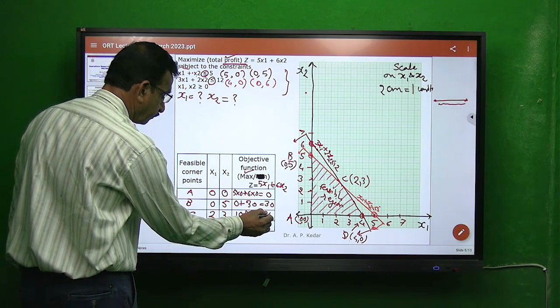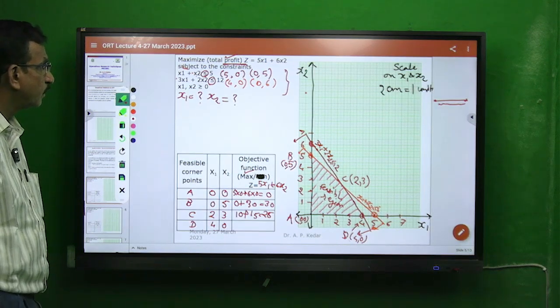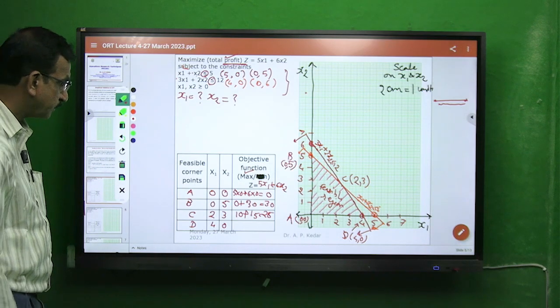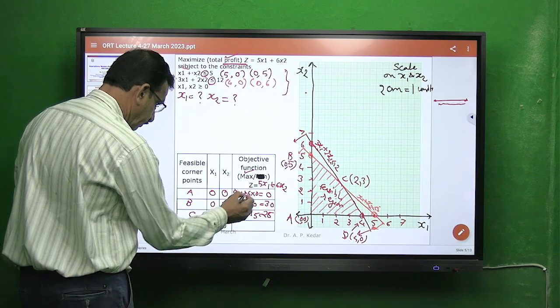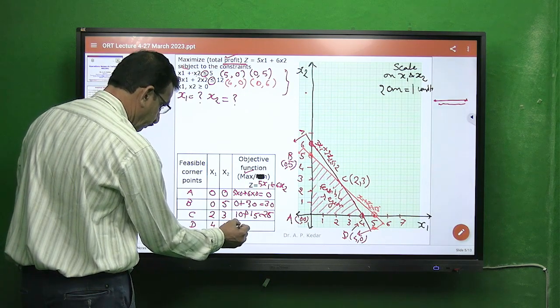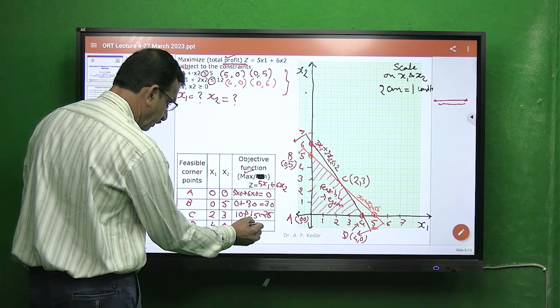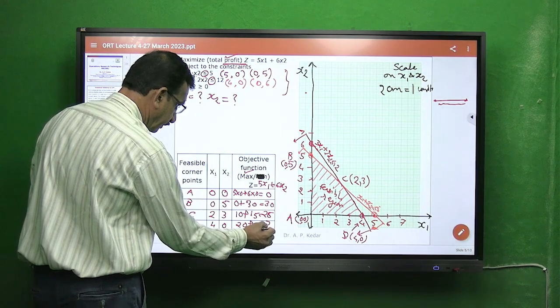It is 25. Then last is 5x1 into 4 is 20 plus 0, it is equal to 20.